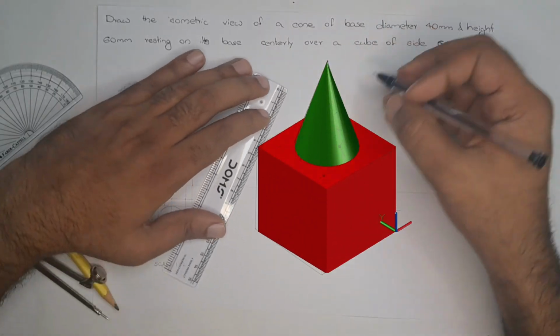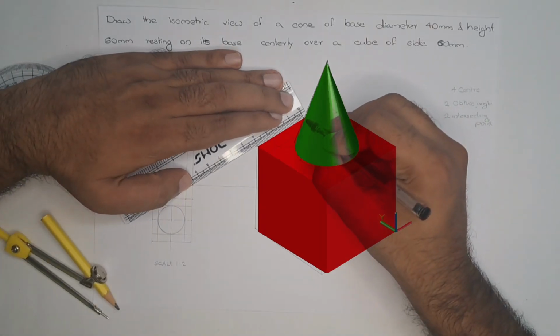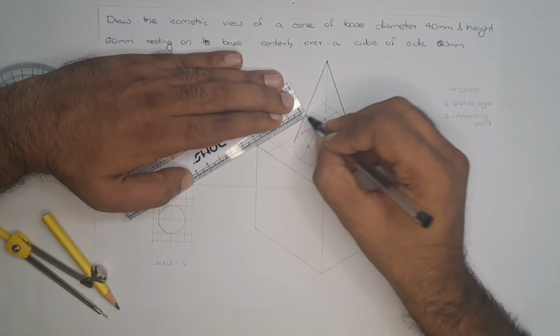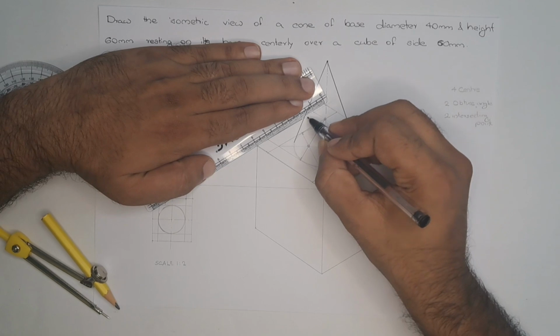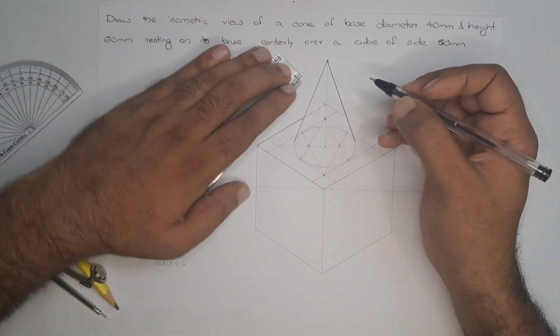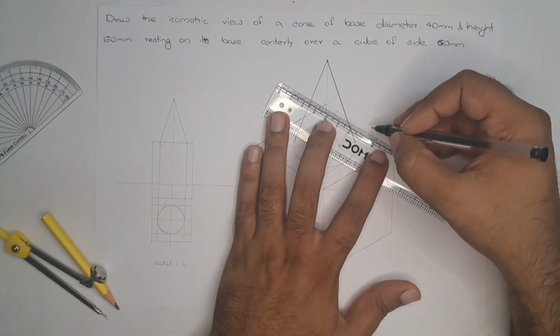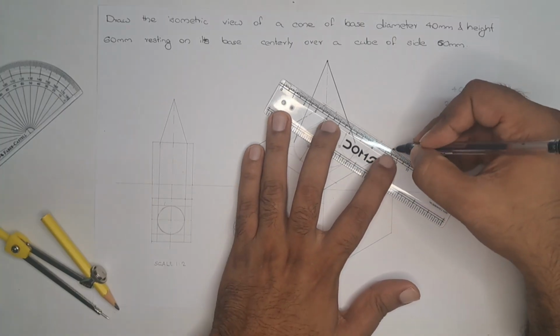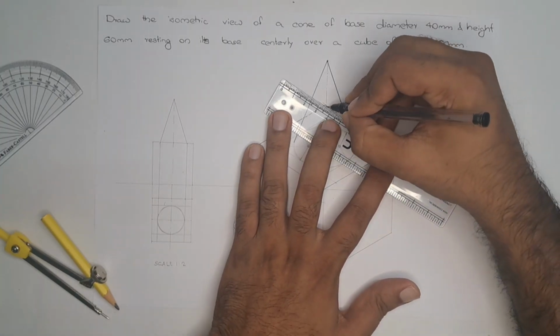We can see the cube. This portion will be hidden, as we see in the isometric figure. This portion will be behind the cone, so it will be hidden.